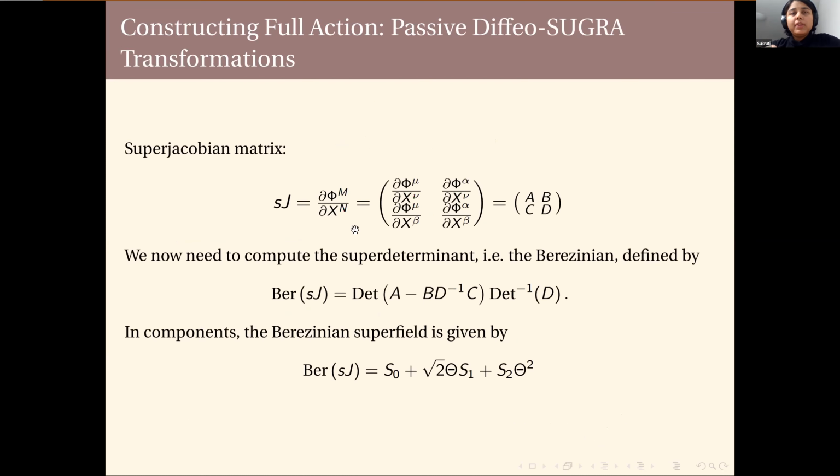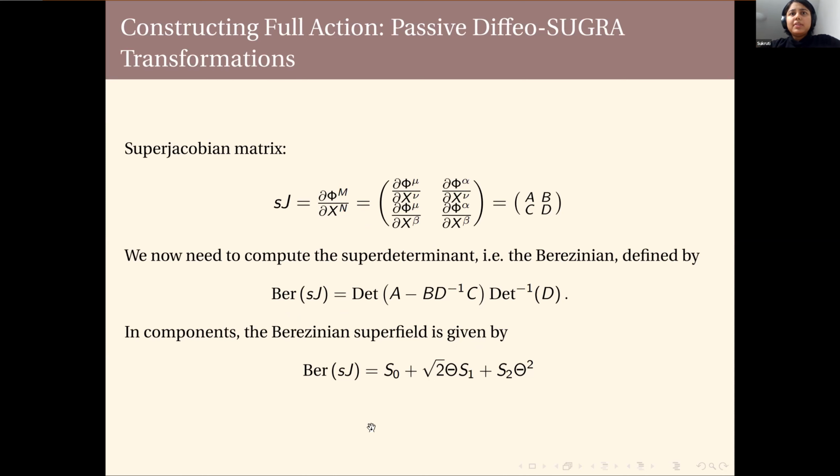This is the super Jacobian, which is written in terms of the derivatives of the transformed field with respect to the initial coordinates, and its super determinant gives the Berezinian. And this is the formula for computing it. Though we know the formula, it's not very straightforward to actually solve it and get the answer.